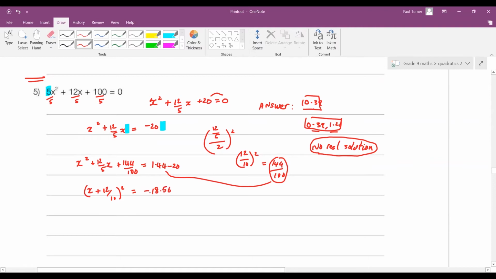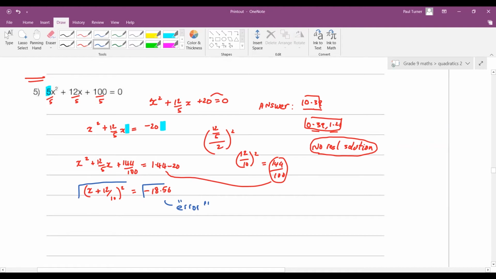So you should have got a negative number on this side, but when you square root, as we normally do to finish it, you're going to have the problem here, aren't you? Because when you put that in your calculator, you get error in your calculator. So this means that this has no real solution. We can't find an x number that will make this equation true.